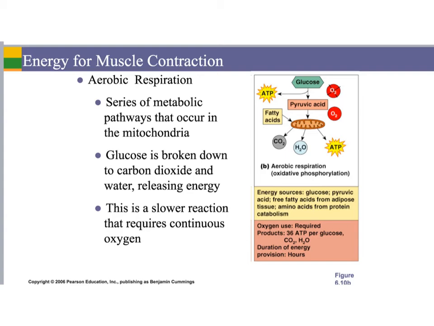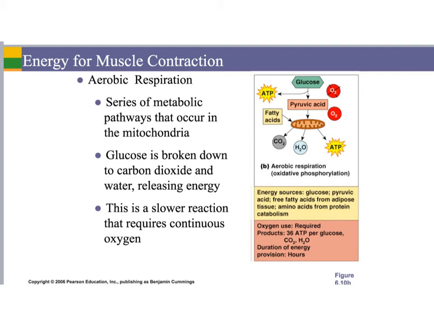Now, if oxygen is available, one of the molecules from glycolysis is going to move into the matrix of the mitochondria, and with oxygen, it's able to make lots and lots of ATP. If there's no oxygen available, we have to just stick with anaerobic, and we'll get to that in a minute.